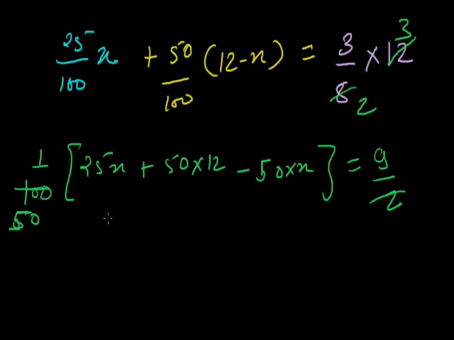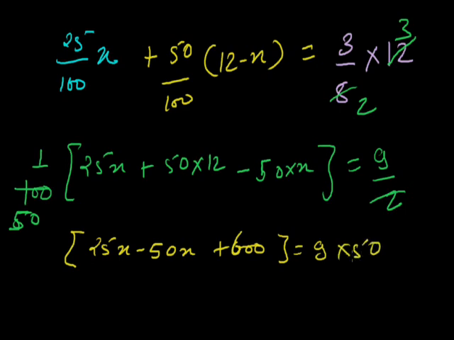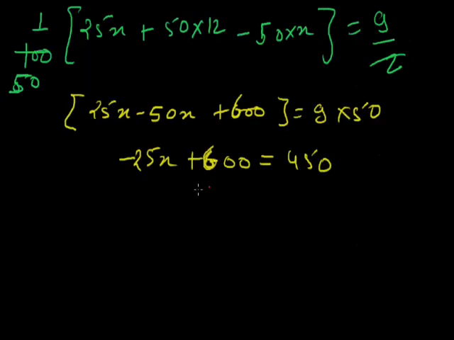On simplifying, I get 25x minus 50x plus 600 is equal to 9 into 50. Here it will be minus 25x plus 600, which will be equal to 450. So 25x will be equal to 150 and x will be equal to 6.